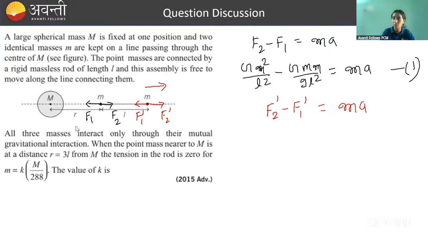Acceleration of both we are taking as same. Why? Because tension in the string is zero. So let's talk about this now. From here, if you write, what will be the value of F2 dash? Both the forces are acting in this direction basically, right? For this small mass m. So the direction I took here was wrong. Actually, if I talk about the second mass, both attractive forces are acting towards the left, right? So its acceleration should be this way. This means the acceleration of small mass m should also be taken this way. Take the same direction for both. We cannot take it the other way because no force was acting on this mass in that direction.